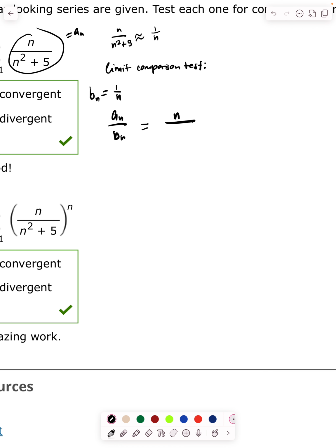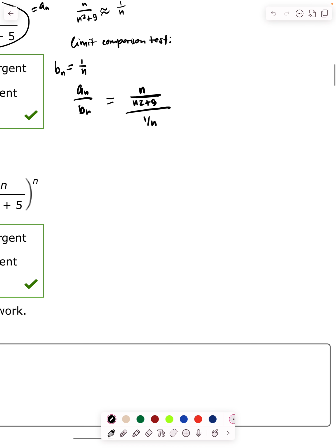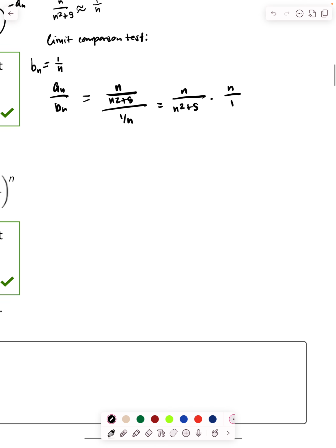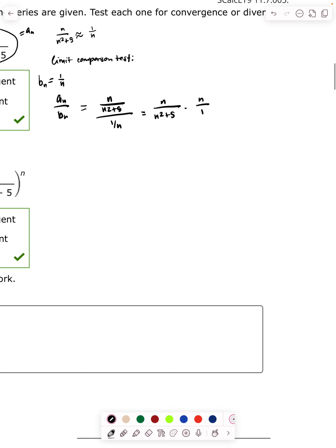If I plug this in, I get n over n squared plus 5 over 1 over n. Just like keep, change, flip, you do n over n squared plus 5 times n over 1, dividing and then multiplying by the reciprocal. And I forgot to include that you should be taking the limit as n goes to infinity for these.